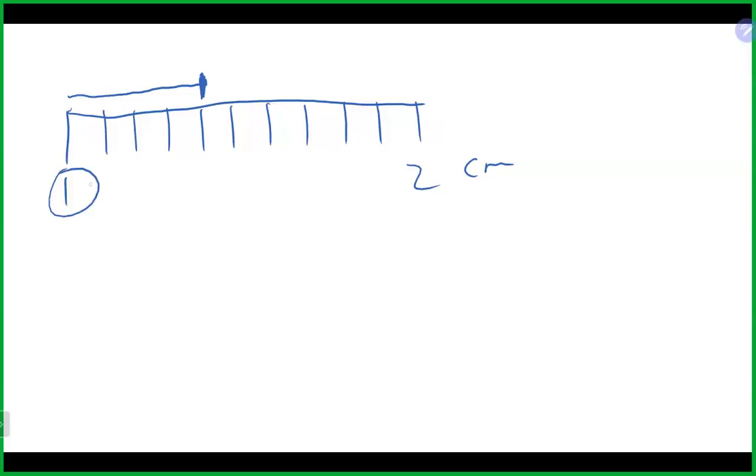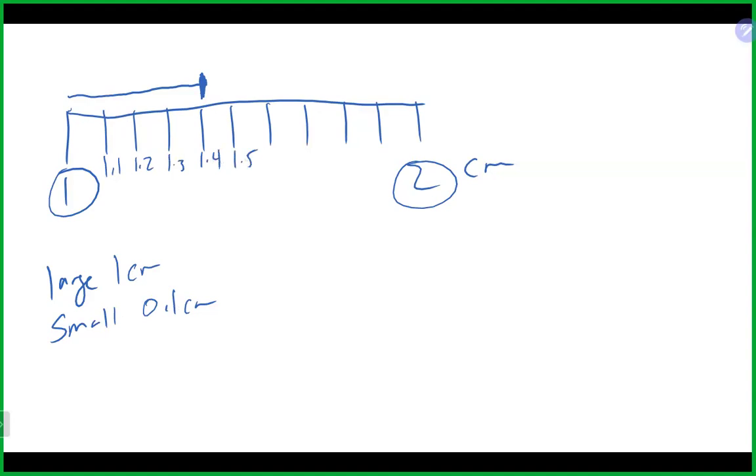We have our large markings here, which is 1 centimeter. We have our 10 markings, I hope, 1, 2, 3, 4, 5, 6, 7, 8, 9, 10, which means our small markings here are going to be 0.1 centimeters. So if we go here, that's going to be 1.1, 1.2, 1.3, 1.4, 1.5, and so forth.